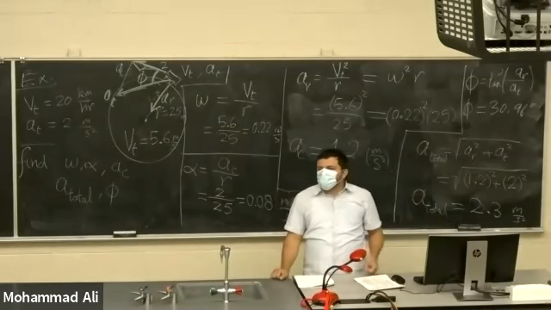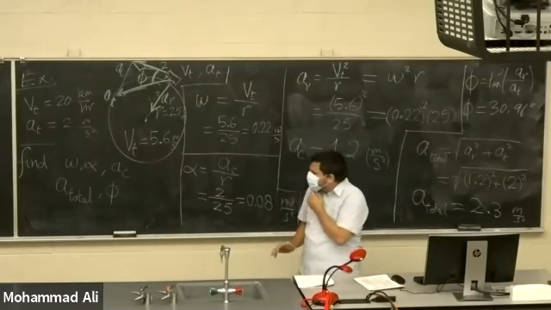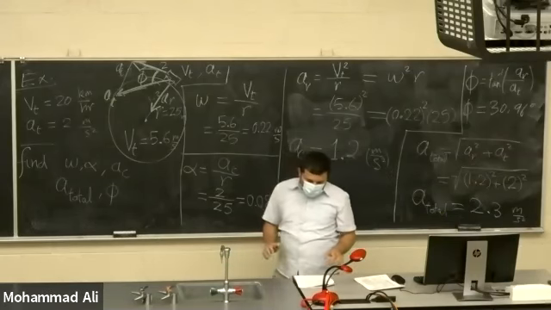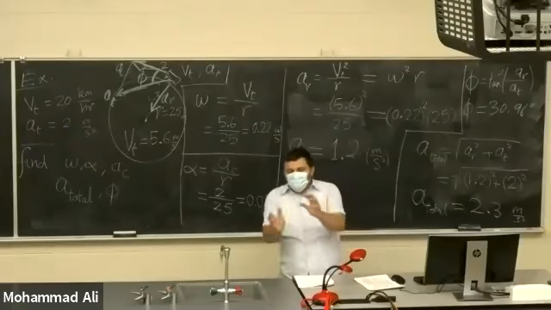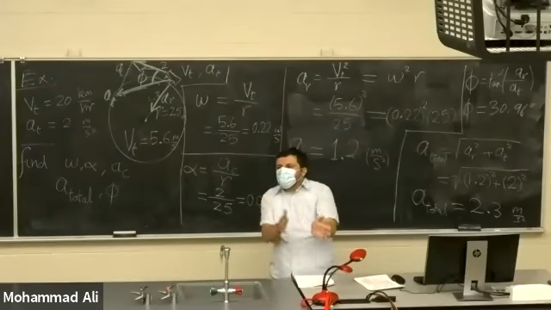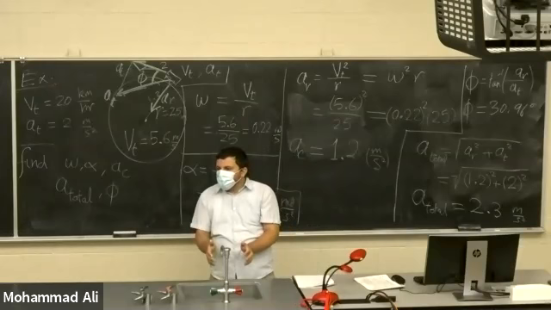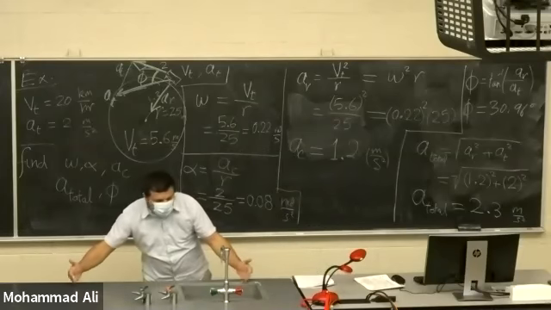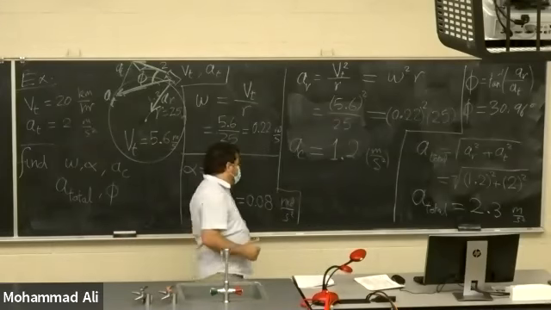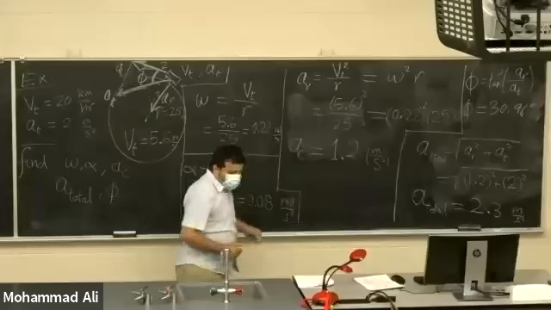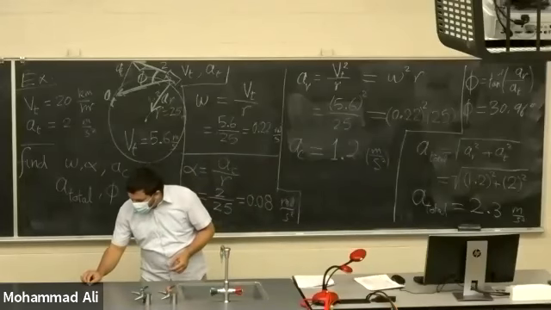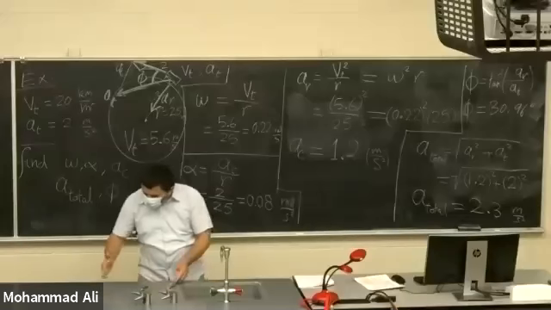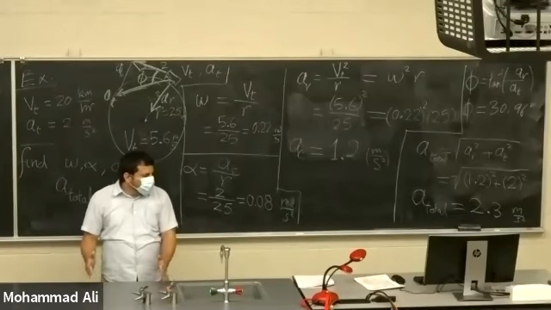Now we have an important application, a small application, which is rolling motion. If we have a circle moving, how many rotations will it make over some distance? For example, we have this chalk. It will move, for example, maybe 20 times from here to here.